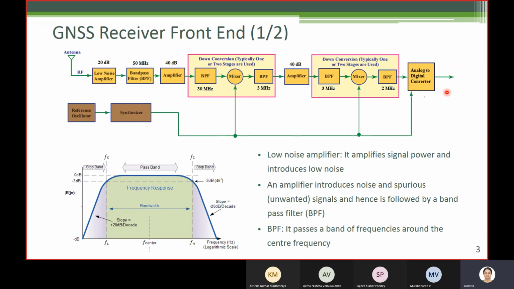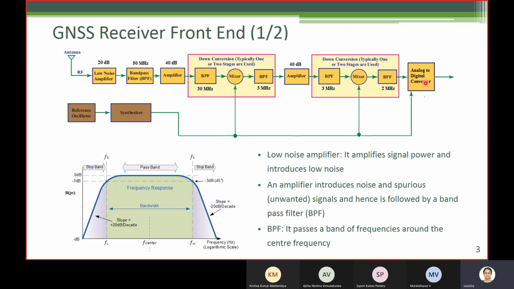So the front end has to amplify the power. Then narrowing down the bandwidth with the help of a bandpass filter, down conversion, converting gigahertz frequency to megahertz, and finally analog to digital conversion. So these are the four tasks performed by a front end.